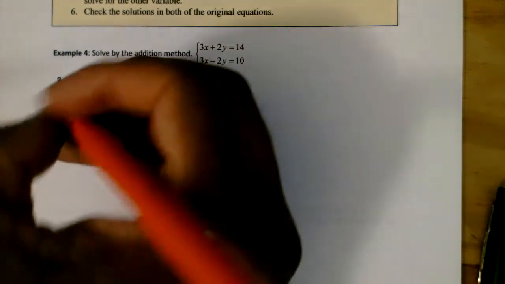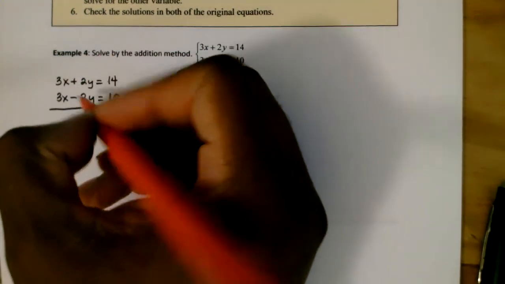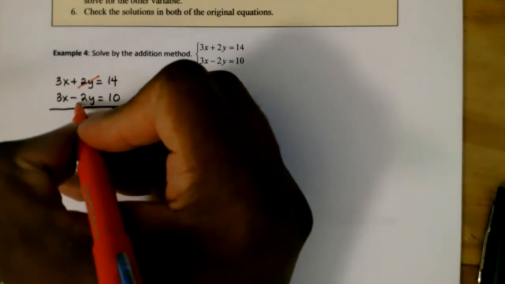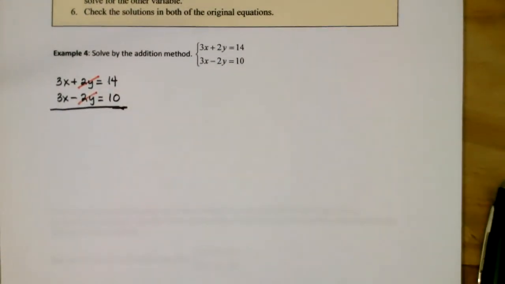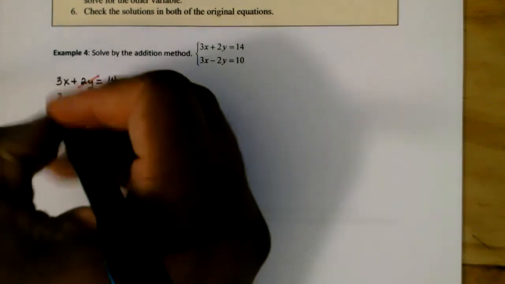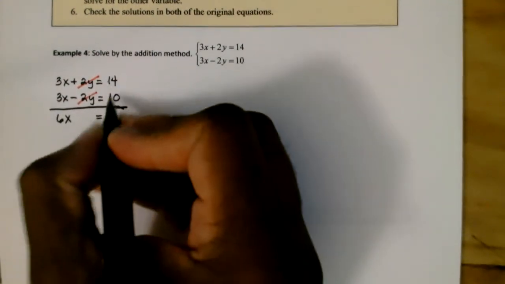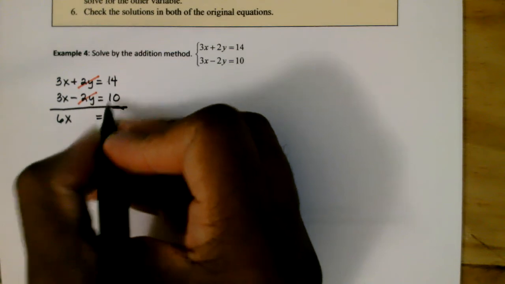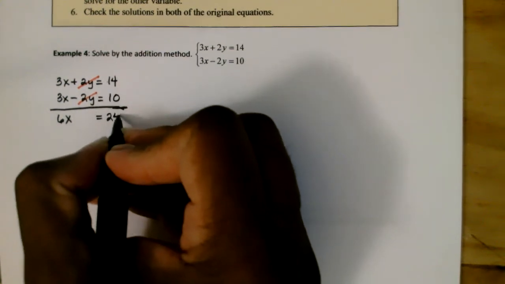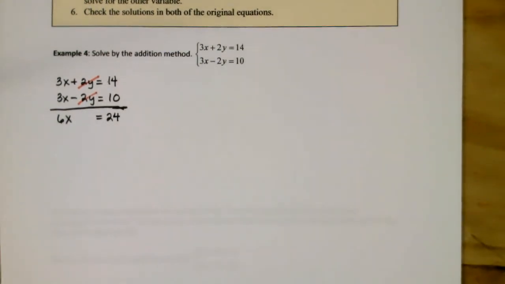So what's going to happen here is when we do that, the plus 2y and the minus 2y are eliminated when we combine those. So that means we're going to have 3x plus 3x is 6x equals 14 plus 10. That'd be 24.